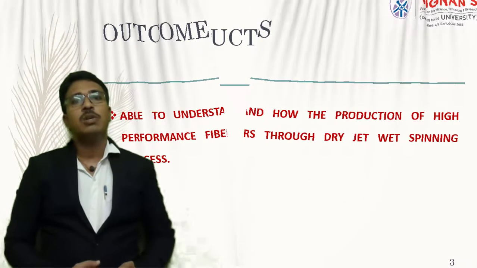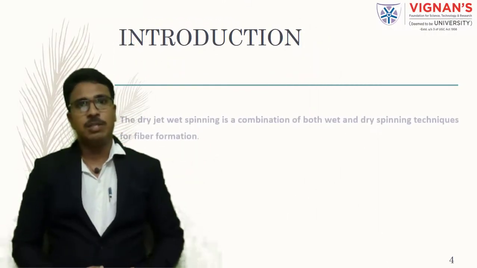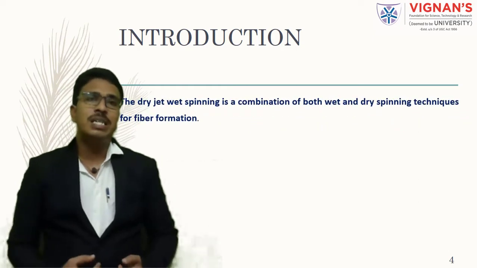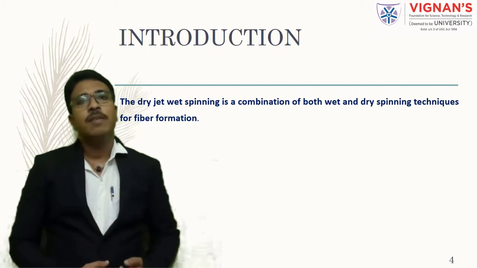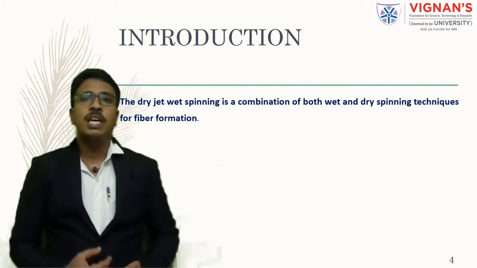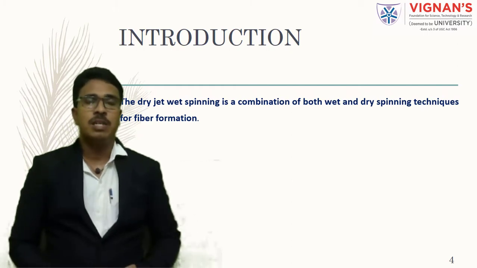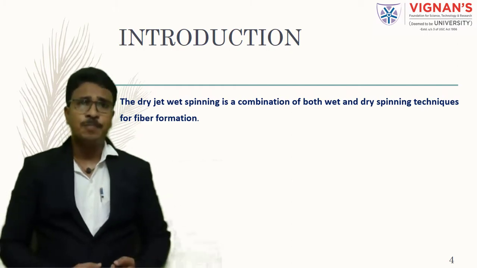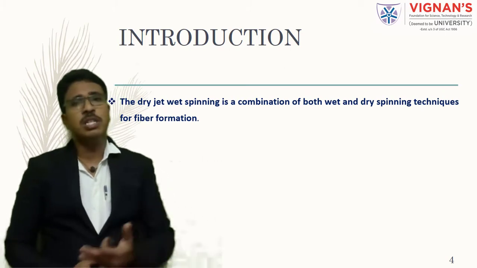Okay, so let us start discussing the dry jet wet spinning process. It is a combination of both wet spinning and dry spinning techniques for fiber formation. In the earlier classes, we discussed what dry spinning and wet spinning are.